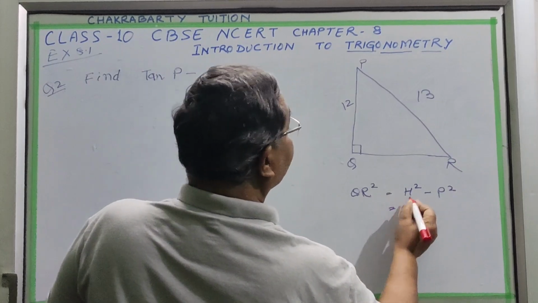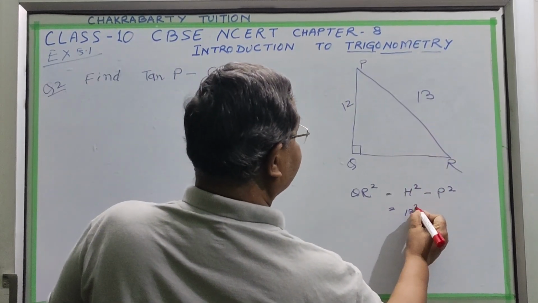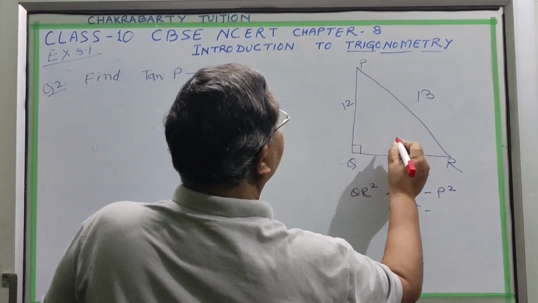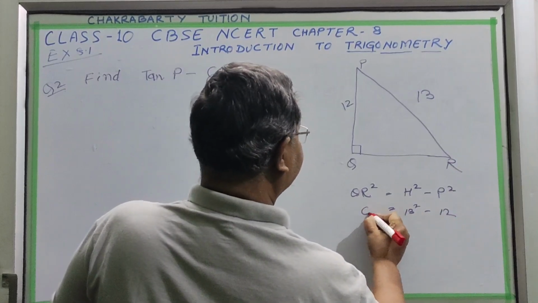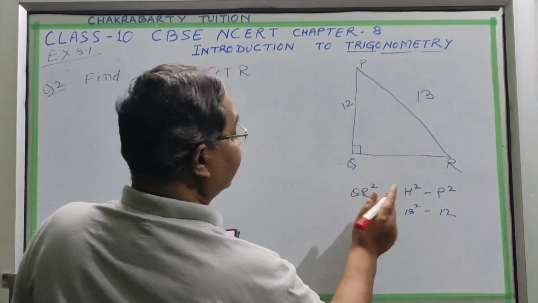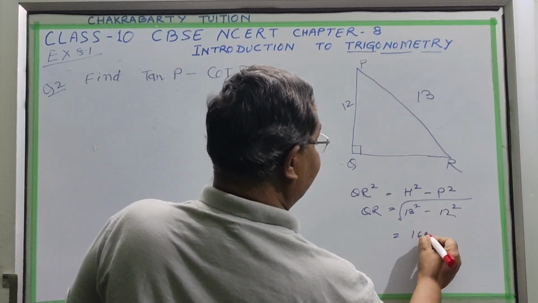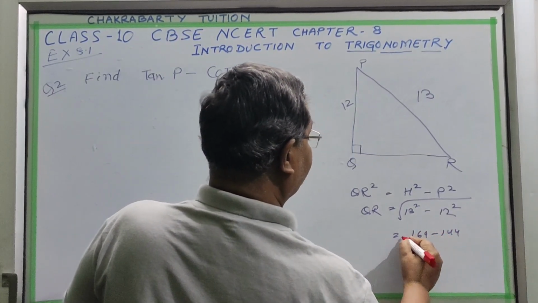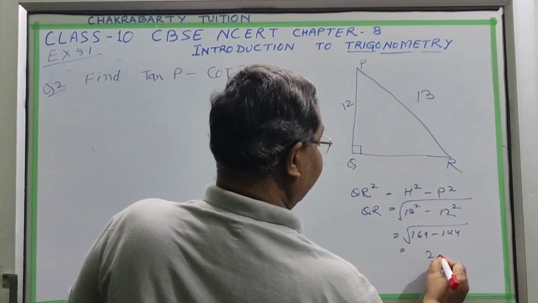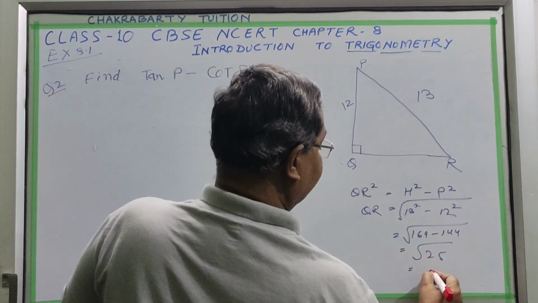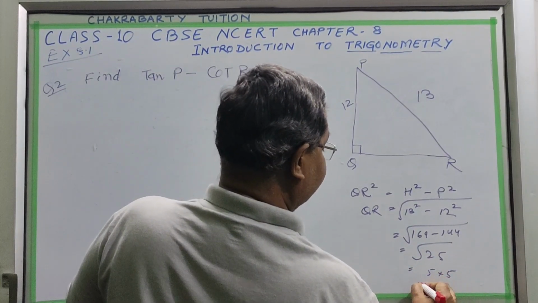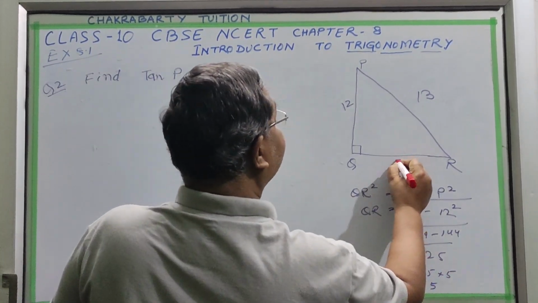So hypotenuse is 13 square minus 12 square, and QR, suppose we are removing this, so then it becomes like this. So 169 minus 144 is equal to 25. Under root 25 is equal to 5 into 5, so it is 5. So this becomes your 5.